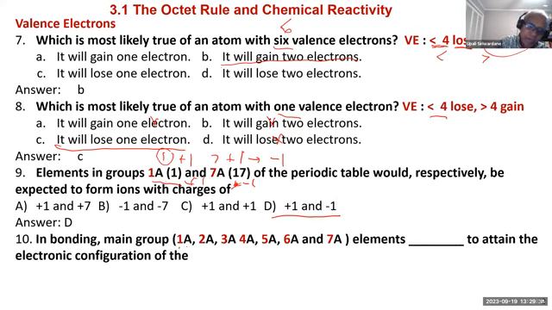These are the main groups I showed you in the periodic table. To make a bond, they lose, gain, or share electrons to achieve the electron configuration of a noble gas.